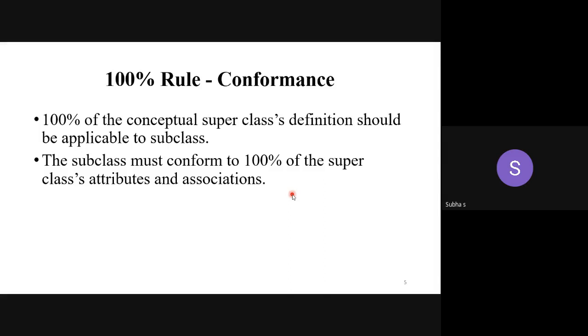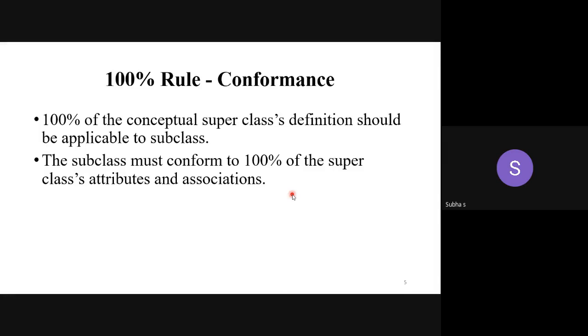Very common attributes of the department are applicable for ECE, CSE and EEE. So the student-faculty ratio, considered as one attribute of the department, should be applicable for all three departments. The class for the department should be applicable for all three classes. Training must be applicable for all three classes. So that is called the 100% rule.